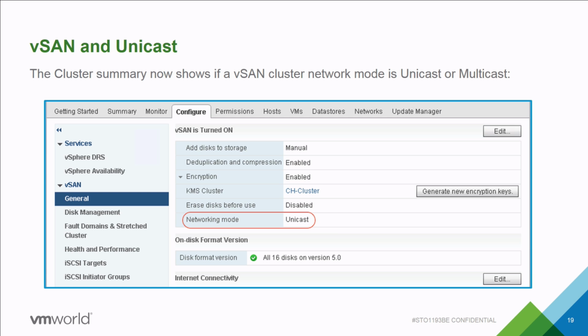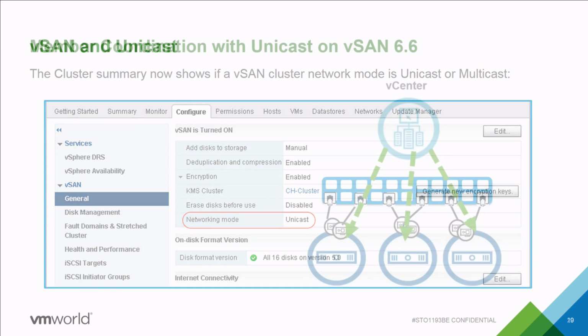This is a 6.6 cluster, all of the hosts are vSAN version 6.6, and for that reason we are going to communicate in unicast. What's also interesting here is I've updated the disk format to the latest version, which is version 5.0. We'll come back to what bearing this has on our configuration in just a moment.